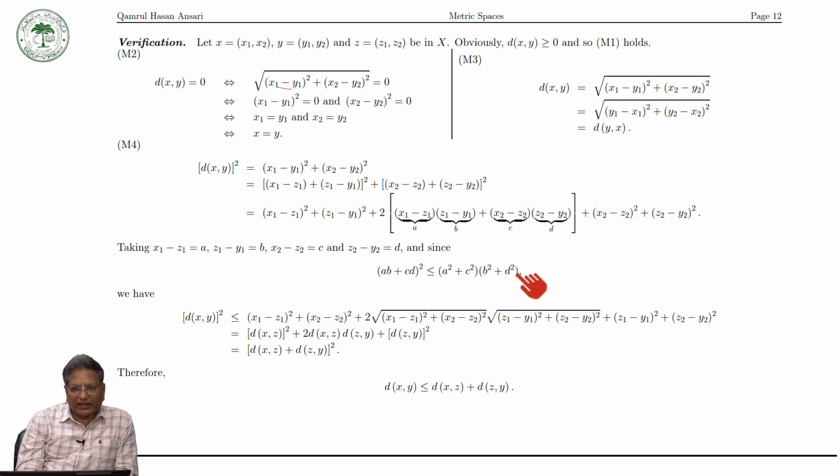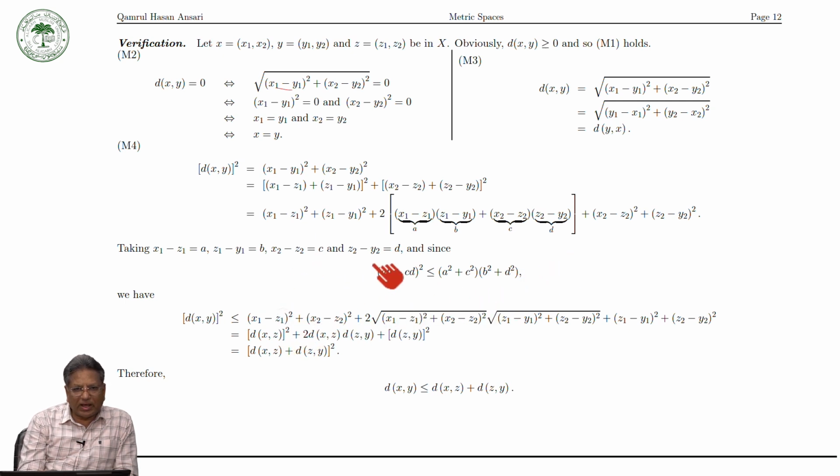Then you take z1 here and y1, and you write this term here.